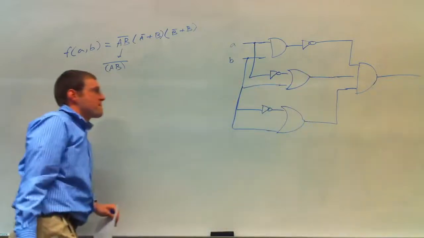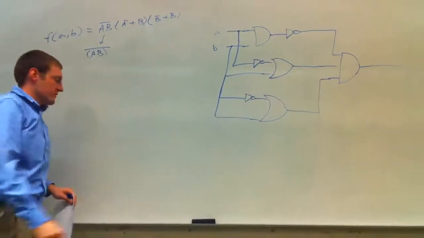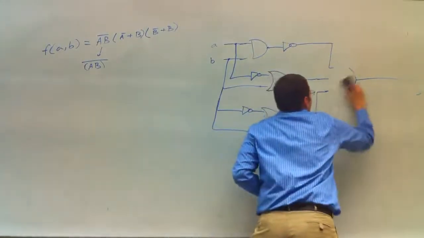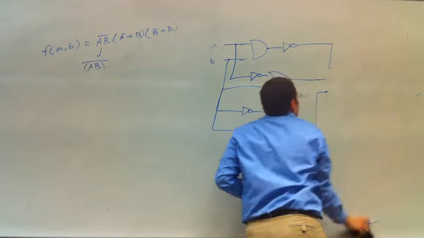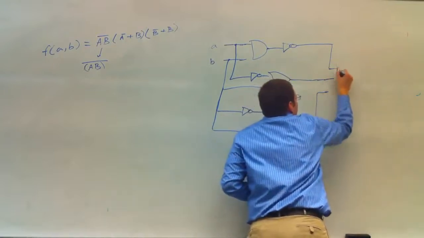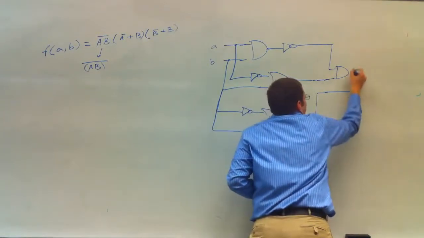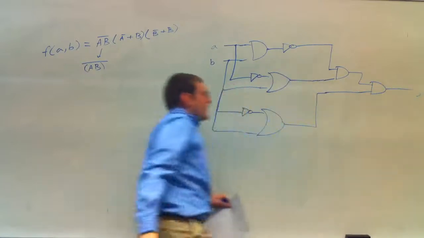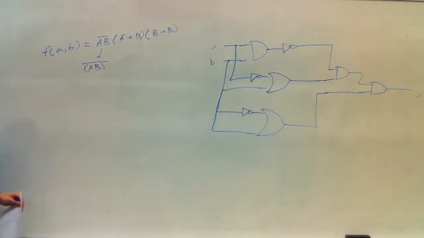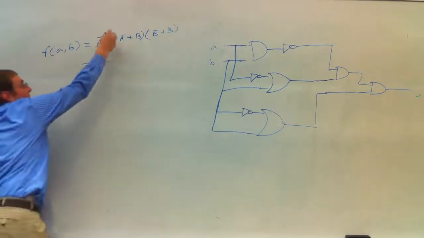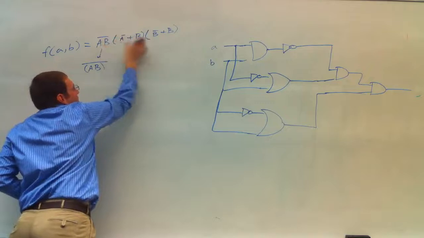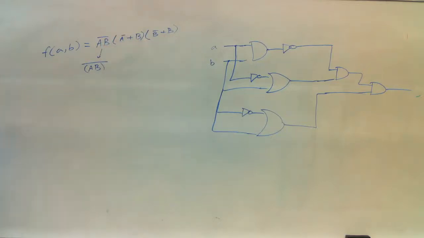Alright. So there's my circuit. I could also have done it this way. Do the same thing. If I AND that one together, then AND those two together. Basically saying AND these two together, and then add that result to that one. So there's our circuit for it.